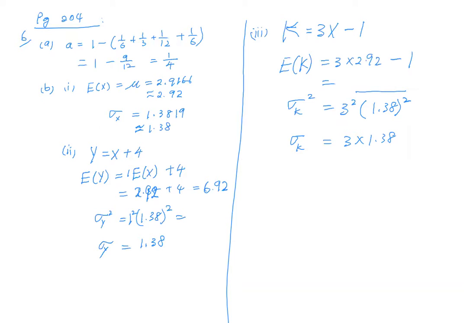Can or not? Okay, I'm going to give you the fourth one. If my variable Q is equal to negative 2x plus 5, so the expected value of Q will be equal to negative 2 times 2.92 plus 5.